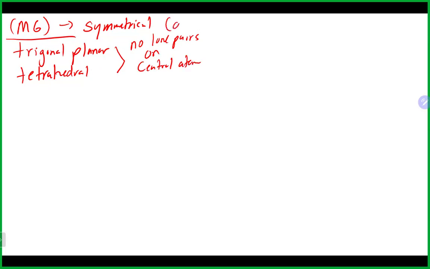For lack of a better description, no dots on the central atom when you draw your Lewis structure. And if you have no dots on that central atom and all the outside atoms are the same element, that means everybody's going to end up being equal and opposite of each other. They're all going to cancel each other out. You're going to end up with a nonpolar molecule.